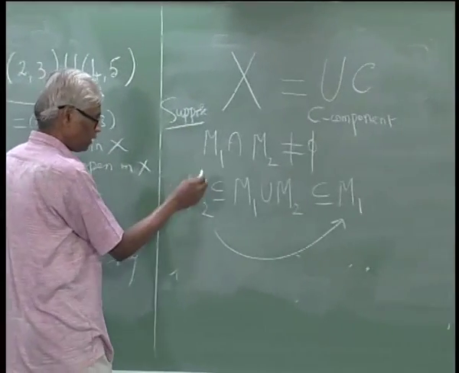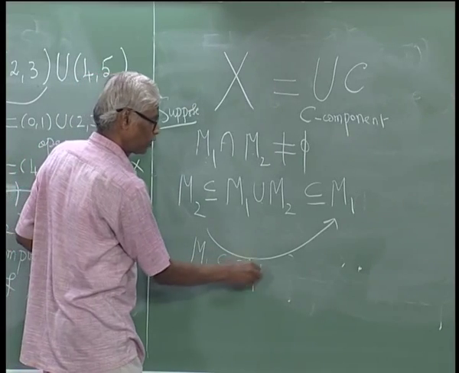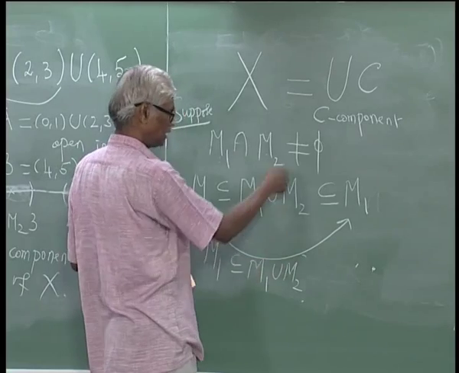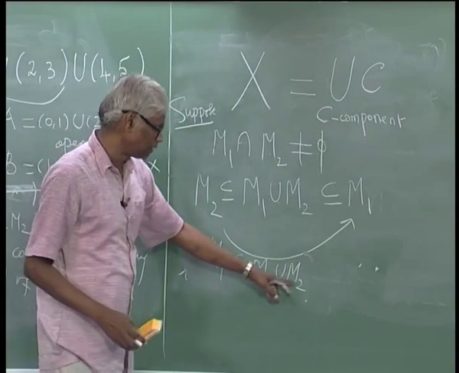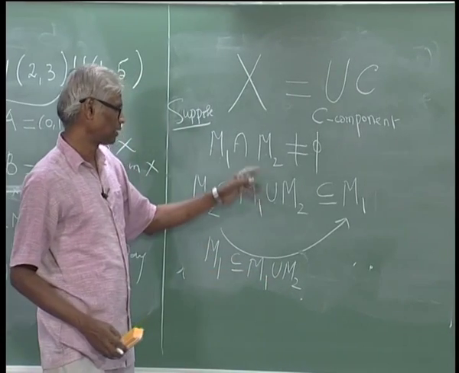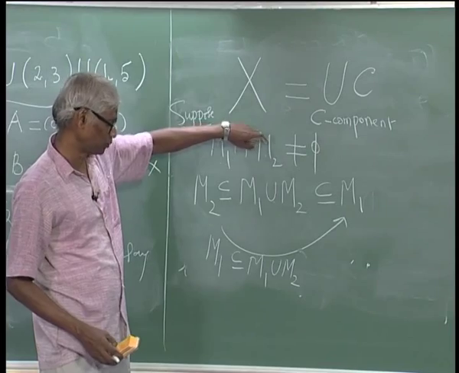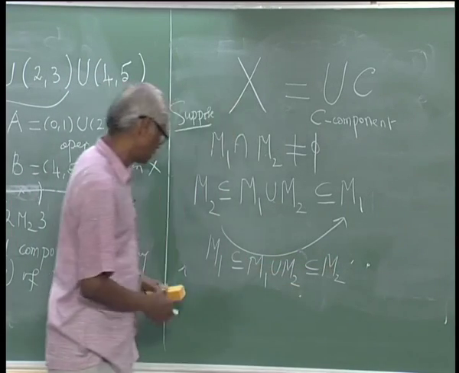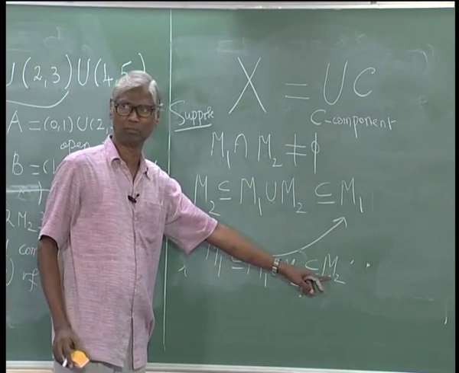Similarly, M1 is a subset of M1 union M2, which is again a connected subset containing points in M2. In the same way we can prove that M2 is a subset of M1 and M1 is a subset of M2.